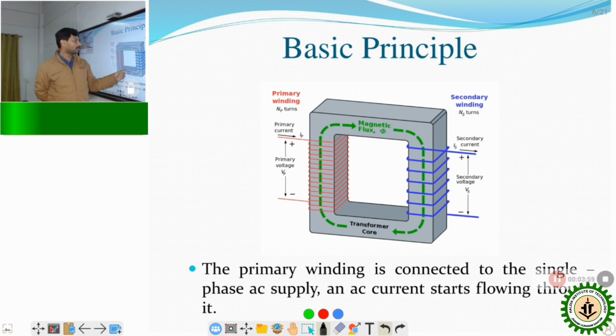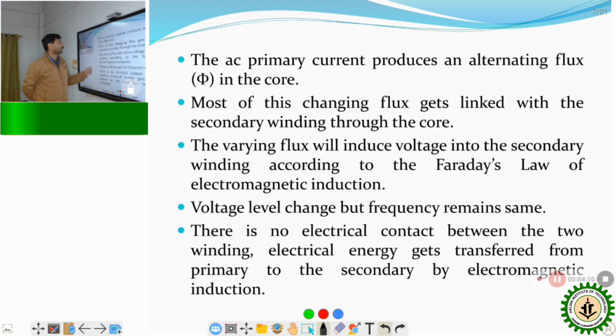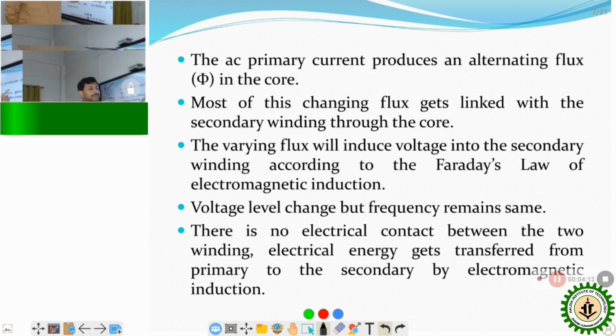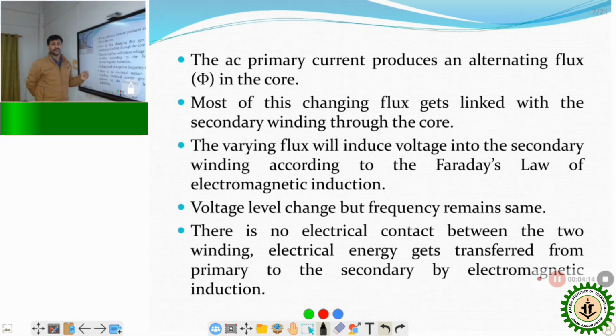So in the same core, the secondary windings are also wound. So this winding will also be linked with the flux, and the primary winding will also be linked with the flux. The primary AC current produces an alternating flux phi in the core. Most of this changing flux gets linked with the secondary winding through the core, as I already said.